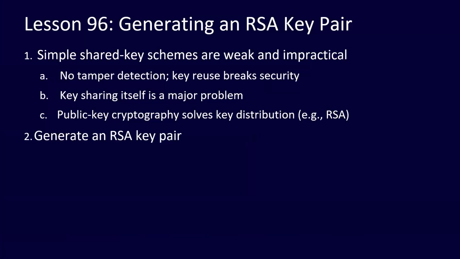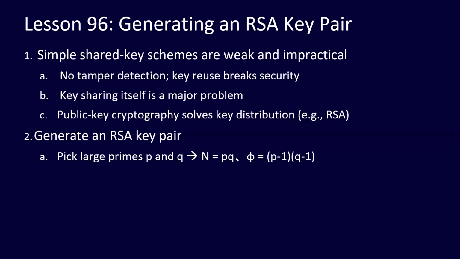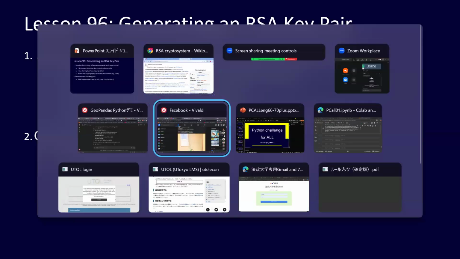Okay, so let's try. The first step is to generate an RSA key pair. As I said, it's a pair of public key and private key. Today it's going to be a kind of mathematical topic about how to make RSA key pairs. The first step is to pick large prime numbers, P and Q. Let's work with it.